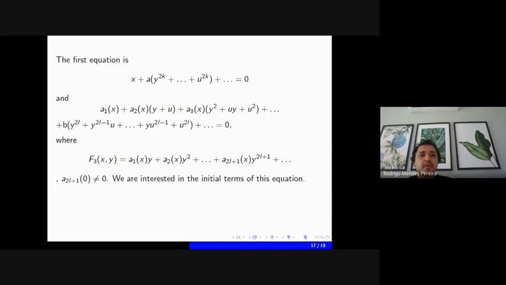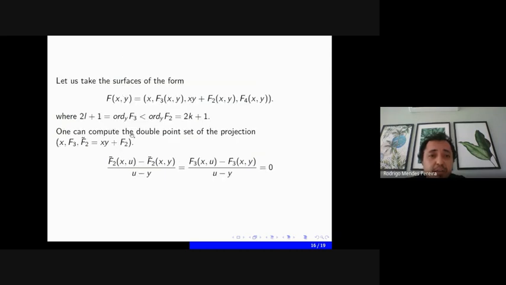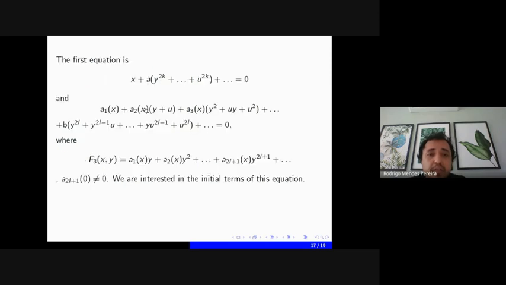And the first equation, I take not a lot of equations at one time. The first equation is given by just replacing in the second coordinate and the other coordinate, you have this equation. So the double point set necessarily satisfies the two equations, writing this function f in this way.